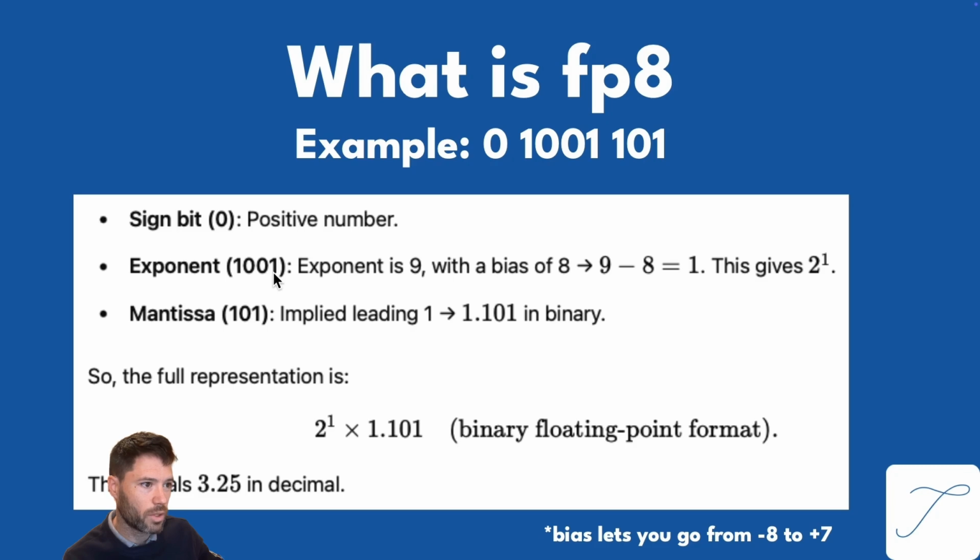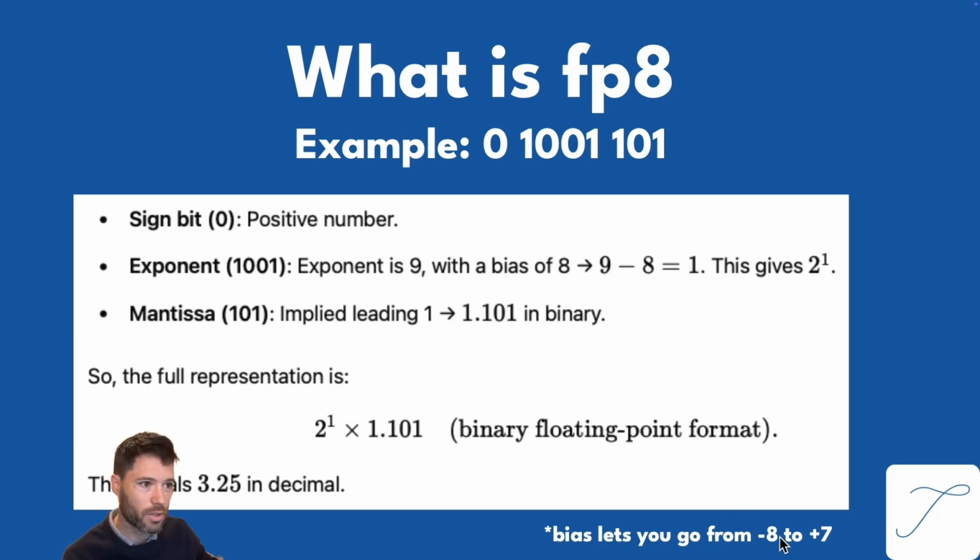So 1001, and actually this 1001 corresponds to the number 1 if we think in base 10, and it gives 2 to the power of 1. Now, why does it correspond to 1? Well, the way these 4 bits are used is to span a range that goes from -8 up to +7. And so when we're at the number 9, we take away 8, which is the bias.